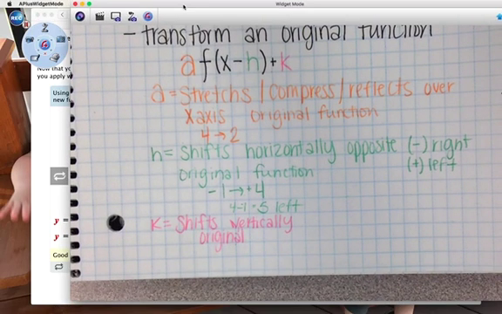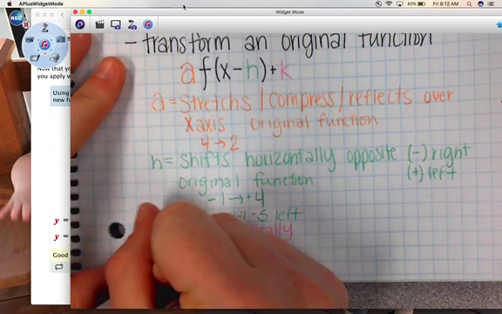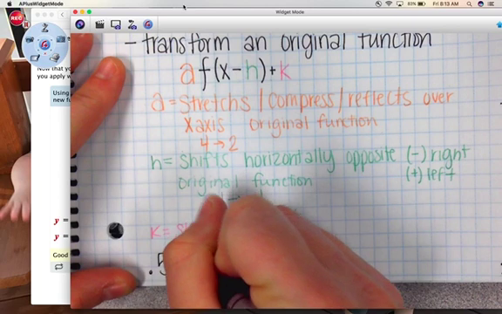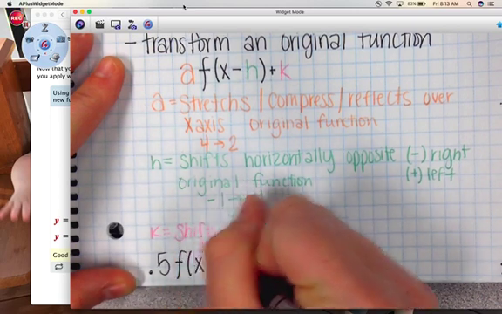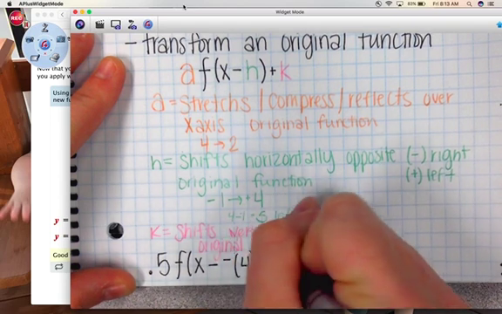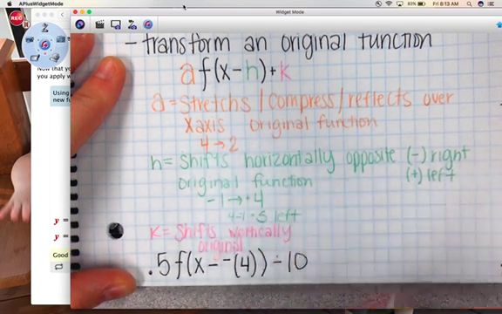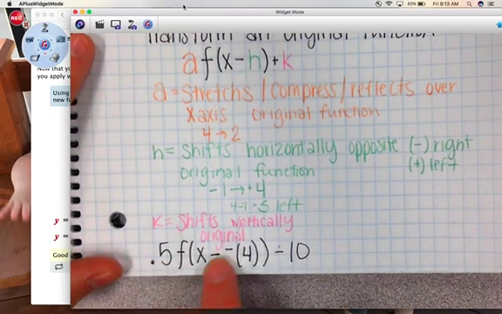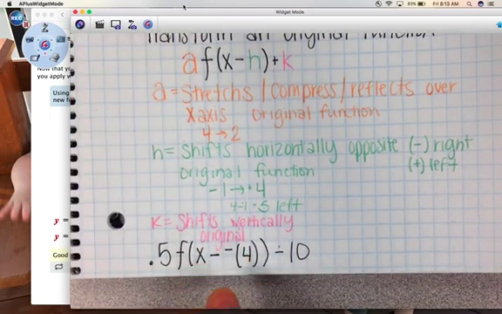So I'm going to write that down. So 0.5 is the a value, f of x, now it says minus -4, minus 10. So the 0.5 means it was wider. This minus and negative, remember minus and negative is actually the same thing as addition.